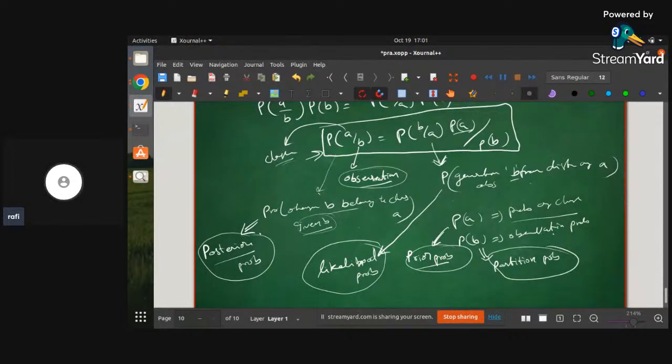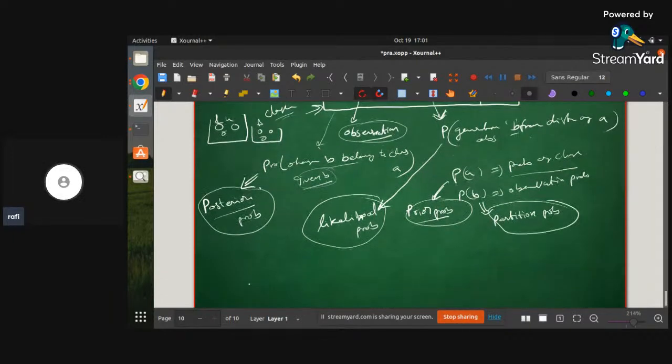And you have known the ball and box experiment. There will be two or three boxes, and you have red, green, blue balls. So in a way, it can be correlated to this experiment. If you have drawn a green ball, what is the probability that it belongs to box 1?